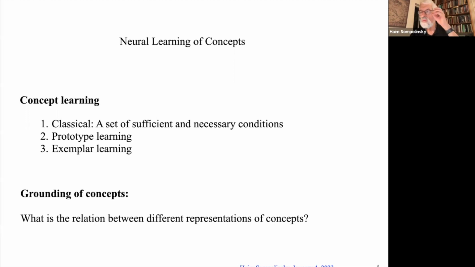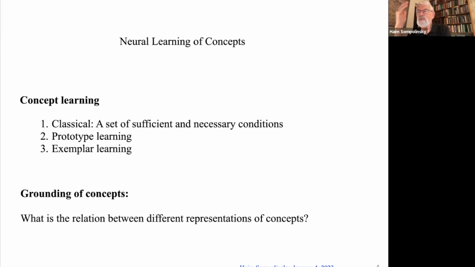So if a stimulus obeys these necessary and sufficient conditions, a list of requirements that something has to meet to be a tree, or a dog, or a cat or a human being, and so on. This is the definition of a concept, and learning it is basically learning those conditions. This has long been discredited. The attempts to actually formulate such lists didn't really make any progress or lead to any understanding of cognition.